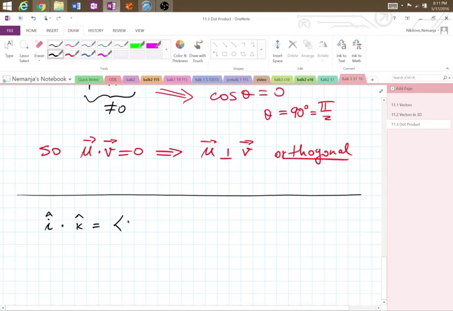So I have (1, 0, 0) dotted with (0, 0, 1), which is 0. So the dot product is 0. That means that i and k are orthogonal, which we know they are, because one is along the x-axis and the other is along the z-axis. Dot product, that's all done, that's defined.